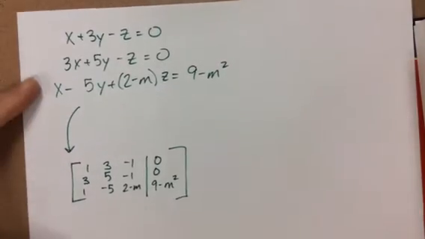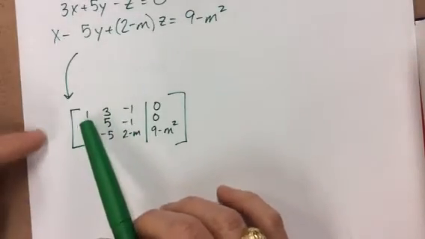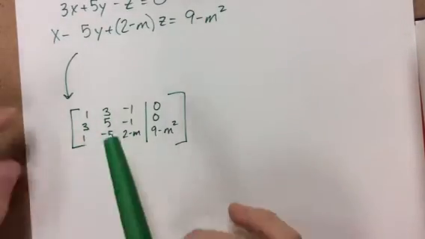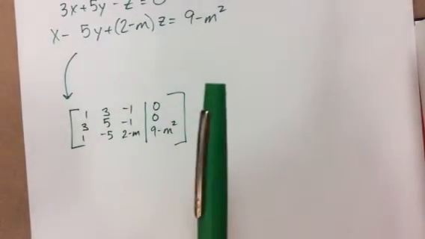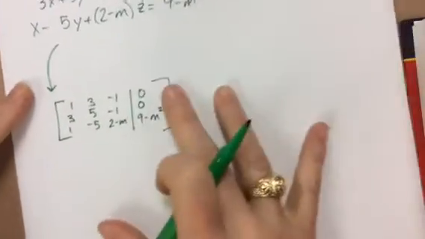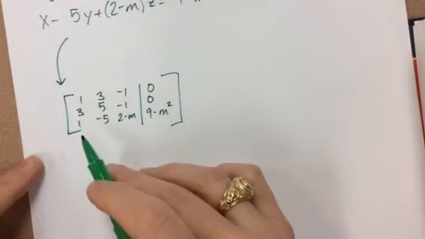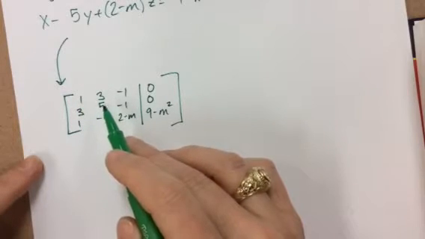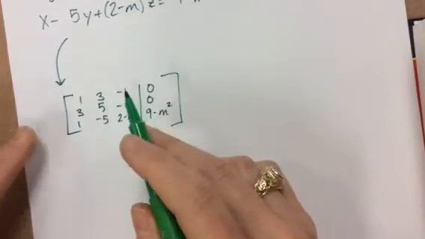What's happening here? As we get started, you may remember with the elementary row operations, you can multiply a row by something, you can switch rows, and you can combine rows. Your goal is to get a 1 and then zeros, then a 1 in this term and zeros, and then a 1 here and zeros.